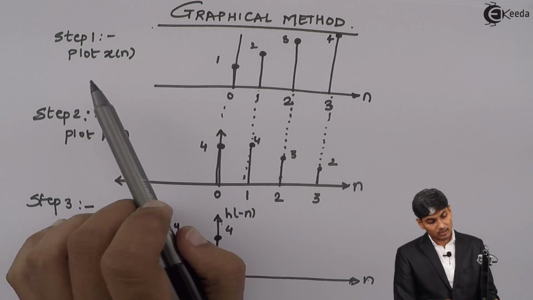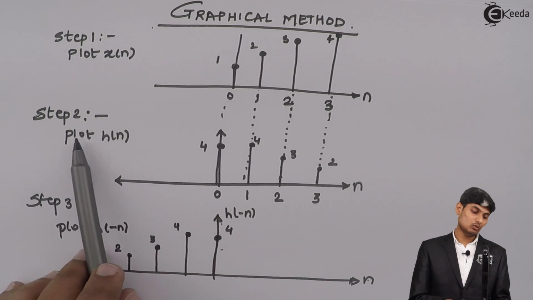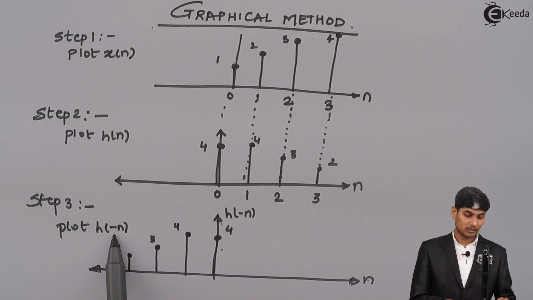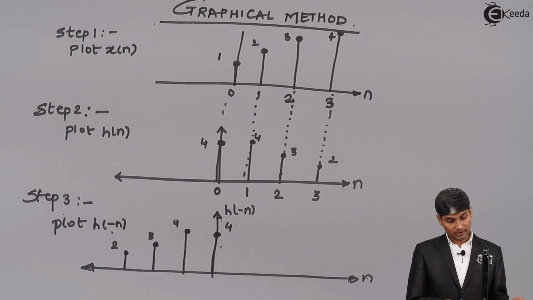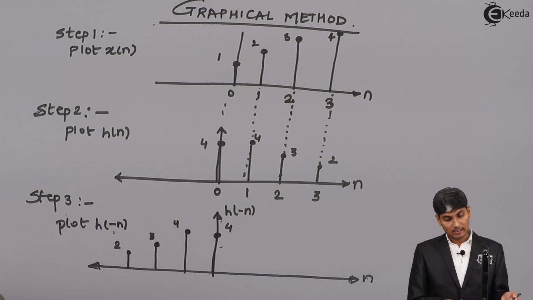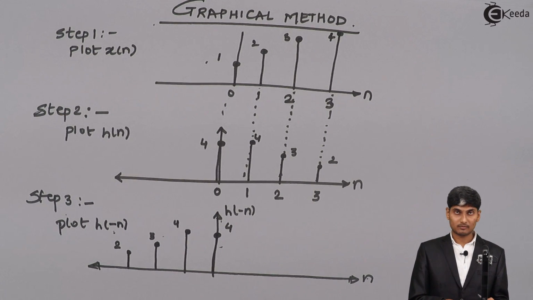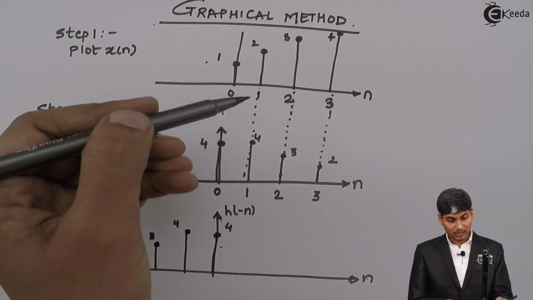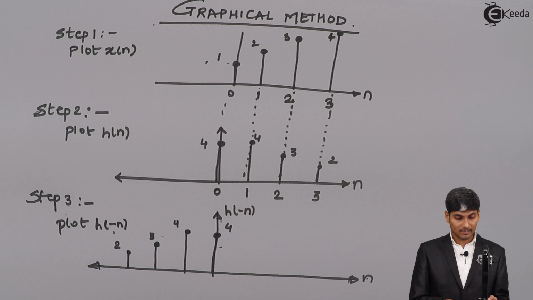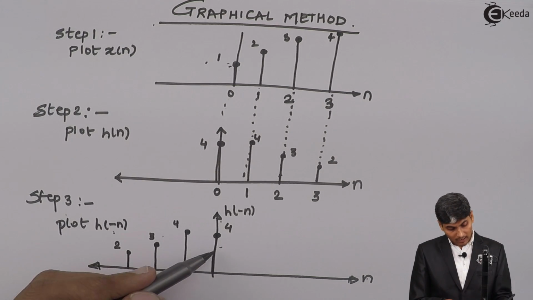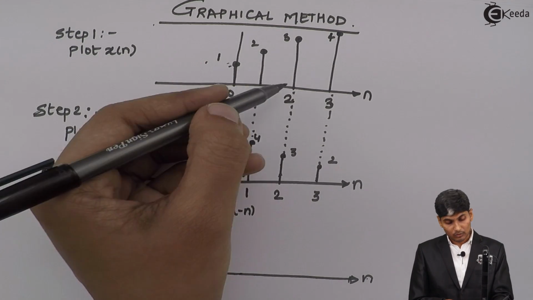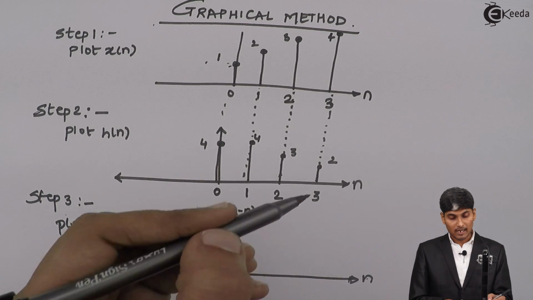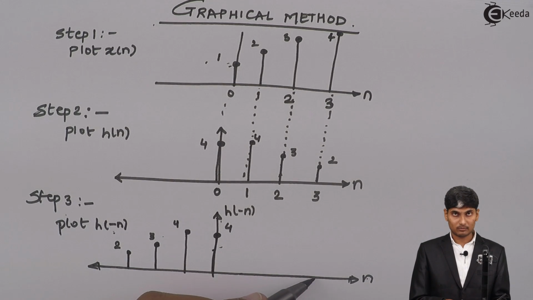So, what I did, step 1, I have plotted x of n, step 2, I have plotted h of n, and step 3, I have plotted h of minus n. Now, in step 4, I will be multiplying this signal with this signal. Straightforward sample to sample multiplication. If I multiply, 1 is getting overlapped with 4, 2 is multiplied by 0, 3 is also multiplied by 0, and 4 is also multiplied by 0.